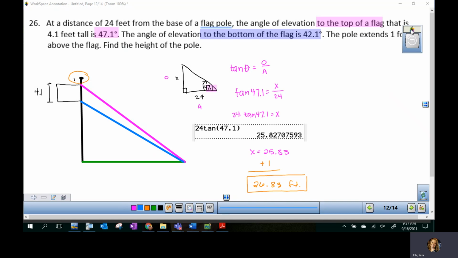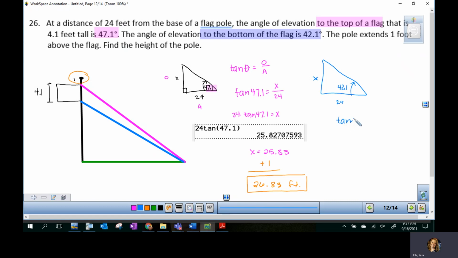Does anybody want me to do the other one? Actually, I will in case somebody not in here wants to see it. If I were to do the blue one, this angle is the 42.1. And it's the same opposite and adjacent.